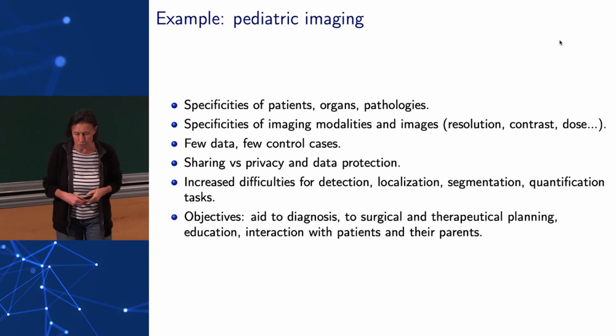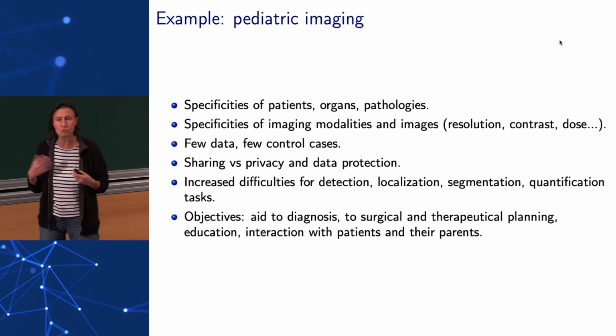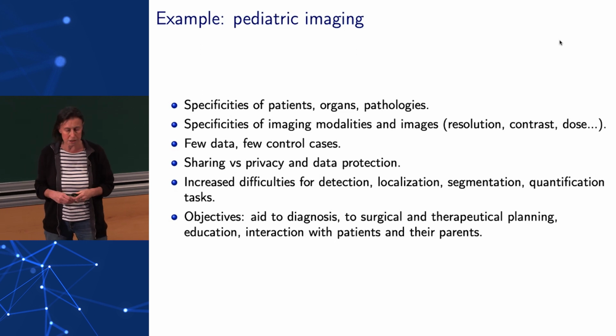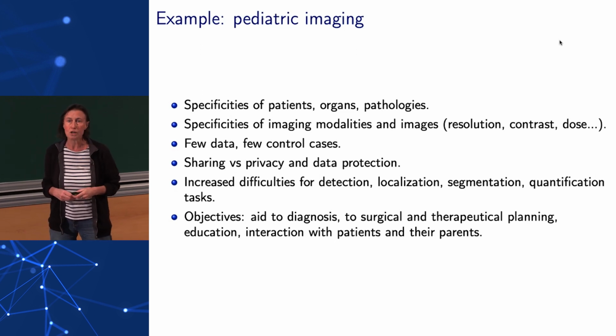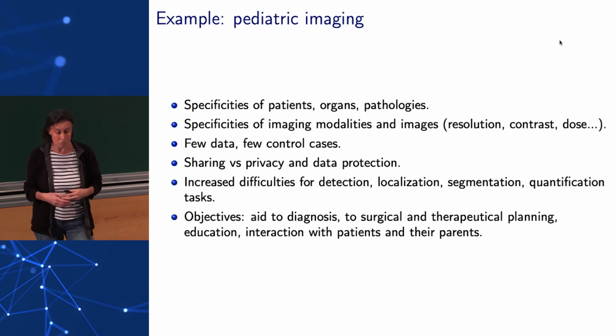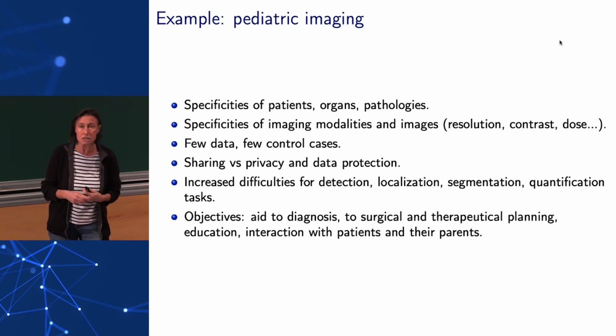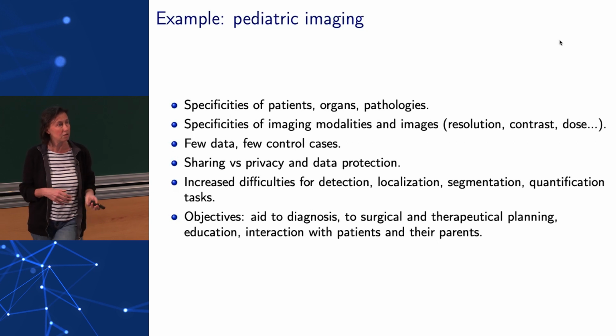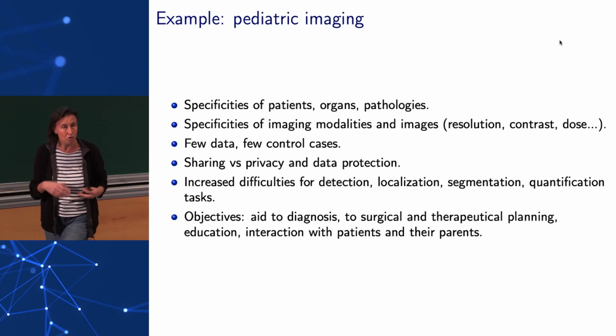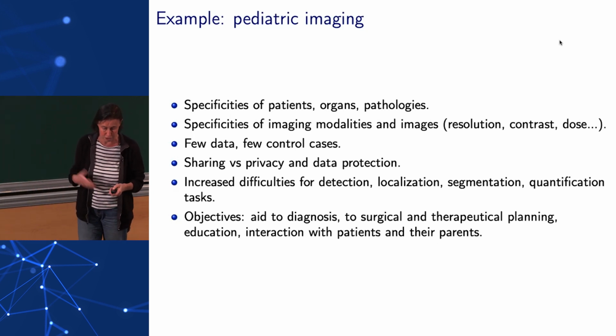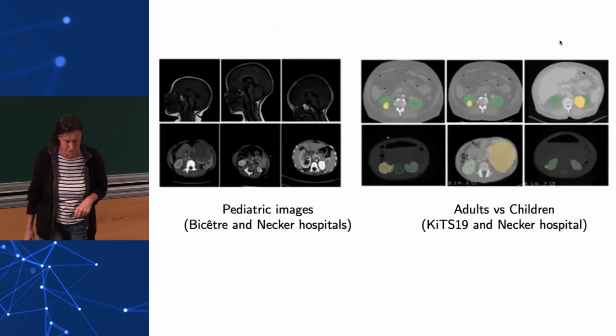So what we can still do is to try to design methods and tools to provide pediatric radiologists or surgeons with useful methods to aid them for diagnosis, for surgery planning, treatment planning, follow-up of the patients, etc. And still we can do something.